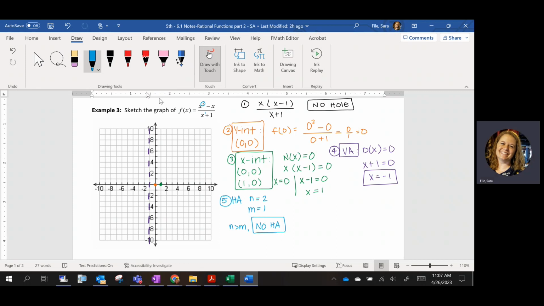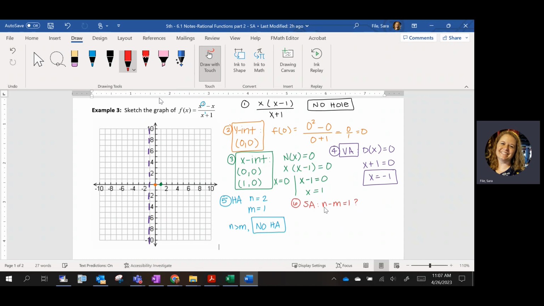Okay. Step 6 then is to find your slant asymptote, if there is one. How do you know if there will be a slant asymptote? We need to know, does n minus m equal 1?